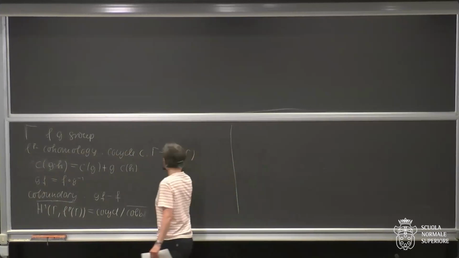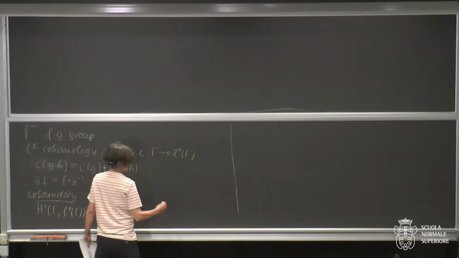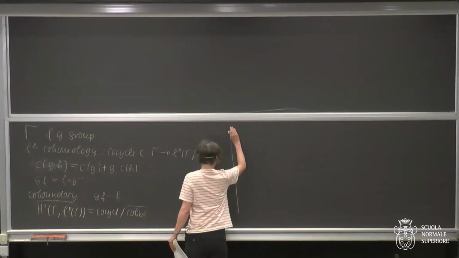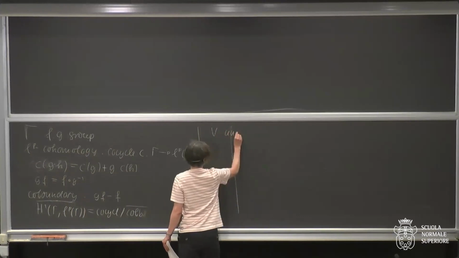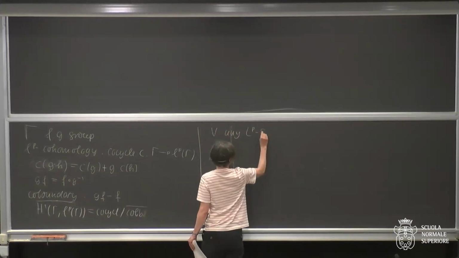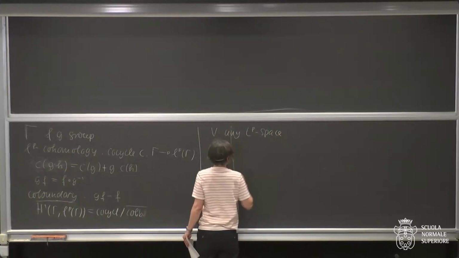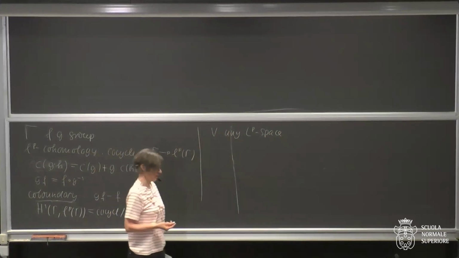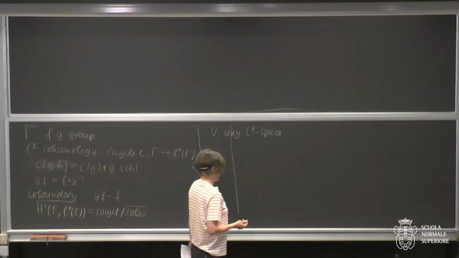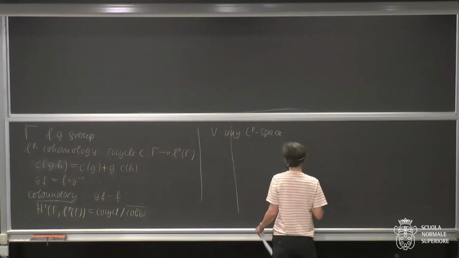First, I want to not restrict to this function space. We can take any Banach space V, and I want this Banach space to be an Lp space, for the sake of this talk meaning a space of Lp integrable functions on some space with measure.